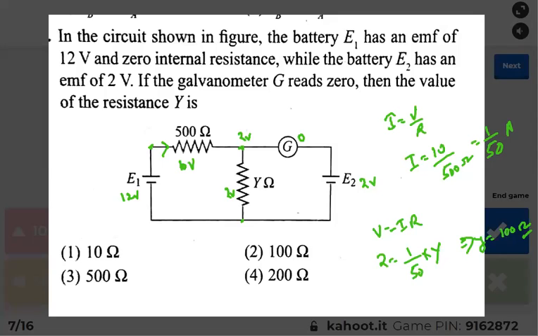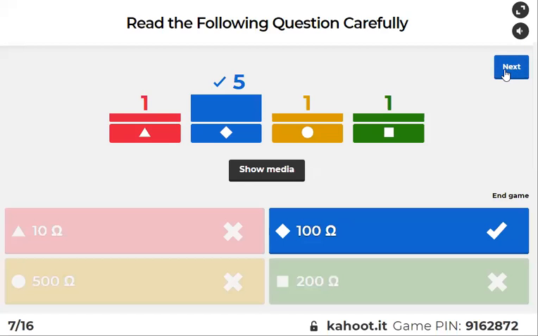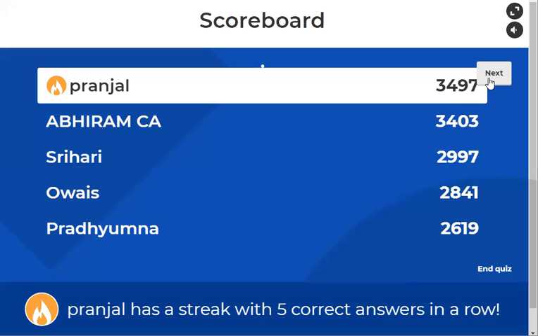Anjali, Koshi, Tanya, Nidhi, Priyanka, Priya, Mansi, Krishna, Sumaya, everyone got this, right? I just used the concept of Ohm's law. Okay, very good. You can use KVL also, but again, there is no need. So next.